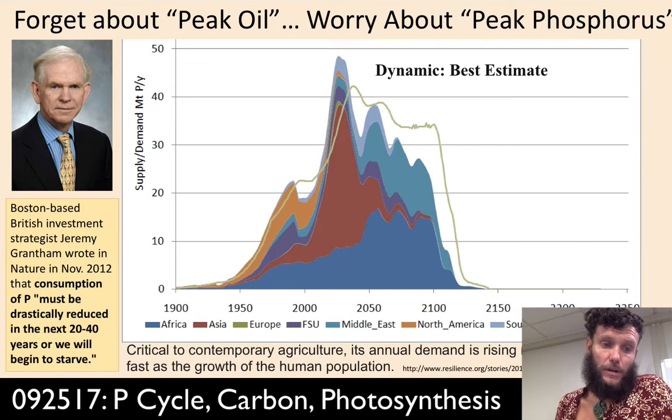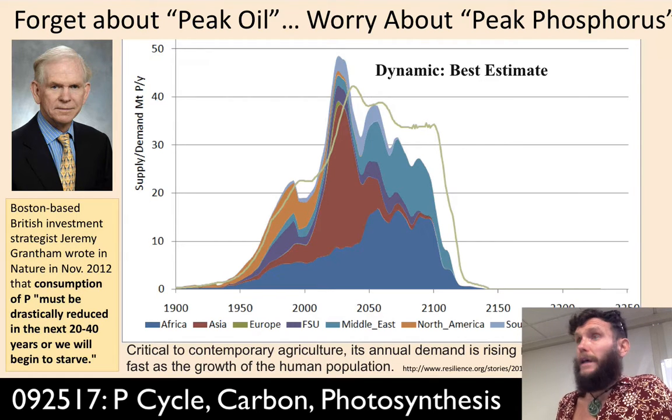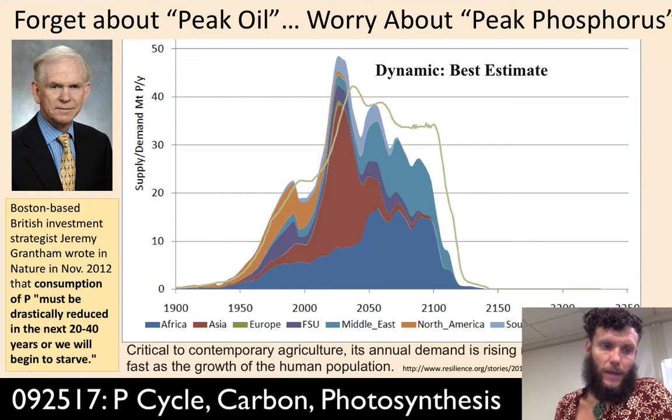He was published in 2012, early on, where he said we are rapidly approaching peak phosphorus, and that human consumption of phosphorus must be drastically reduced in the next 20 to 40 years, or the planet will begin to starve.